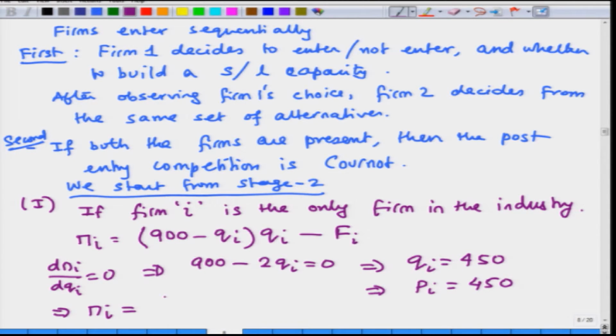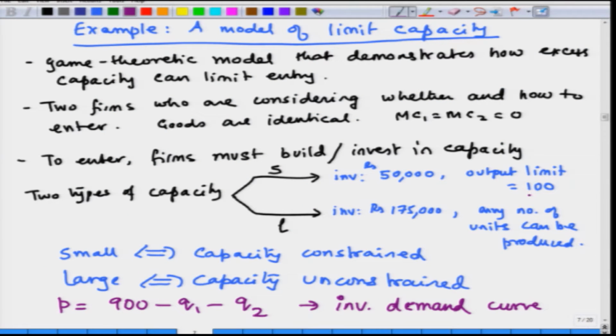So, that is 450 times 450, which is rupees 202,500 minus the cost of capacity. Now, notice firm i can produce 450 units only if it has invested in a large capacity, because if it had invested in a small capacity, then its output choice would be limited to only 100 units.